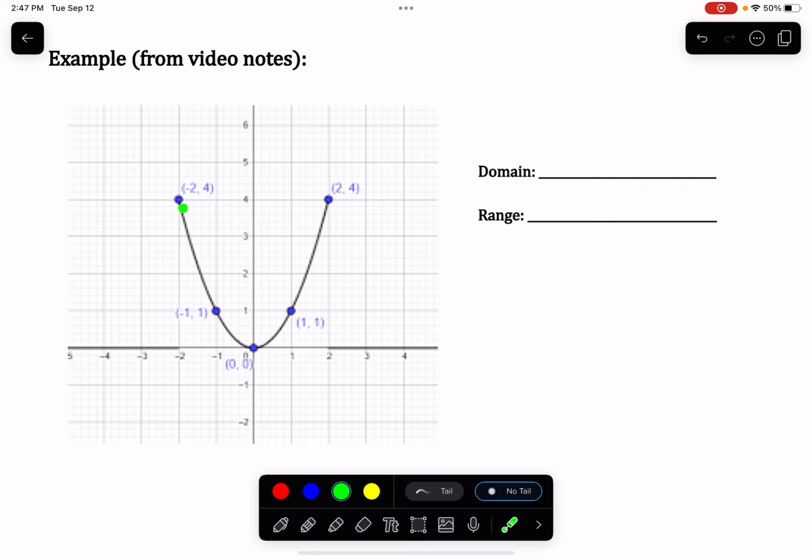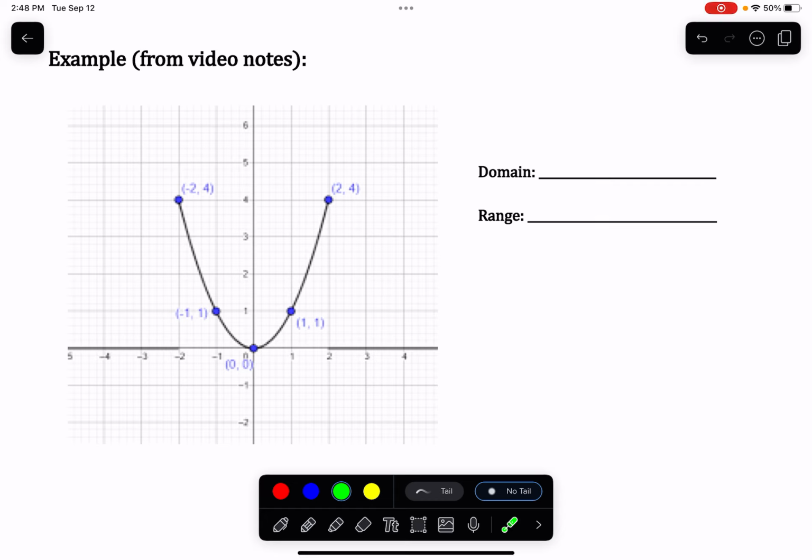In fact, every single point is a coordinate pair. Just because the coordinates are not whole numbers or integers, it doesn't mean they're not valid. So trying to list all of the x values in here is impossible.